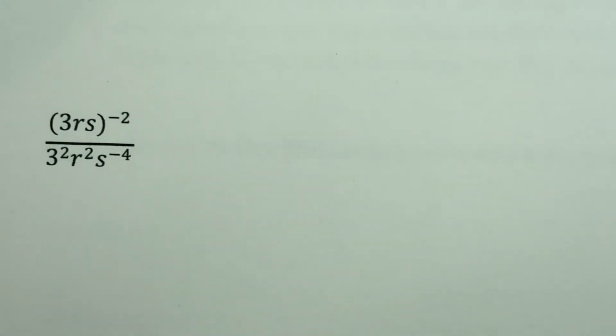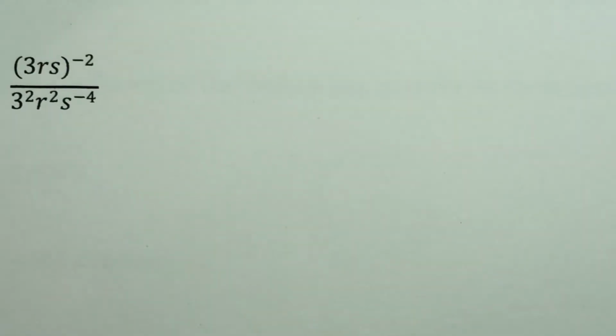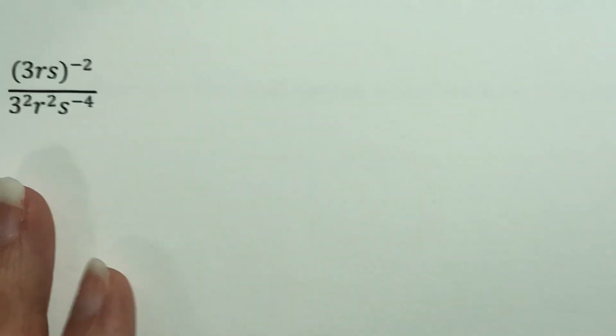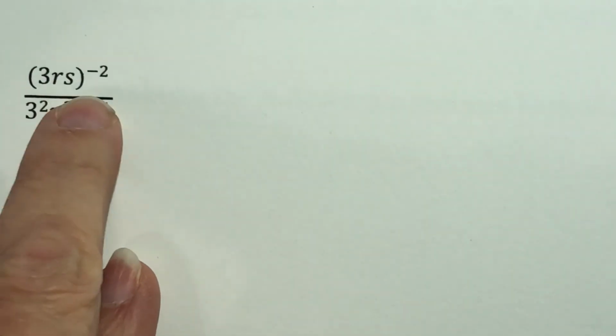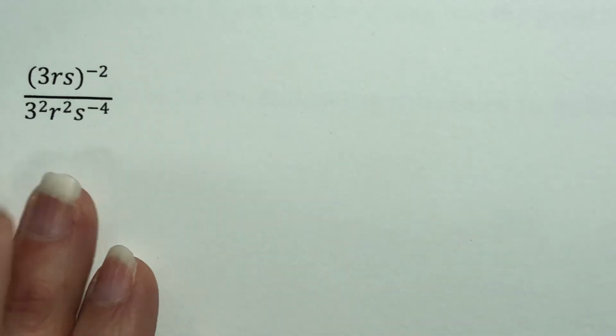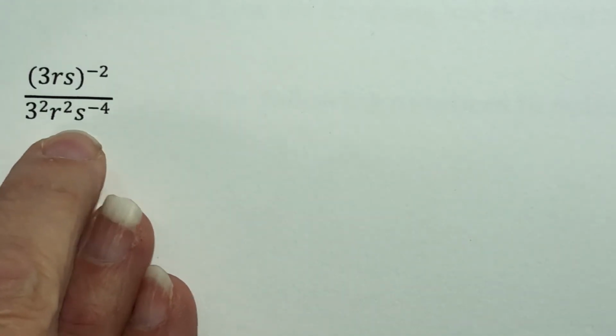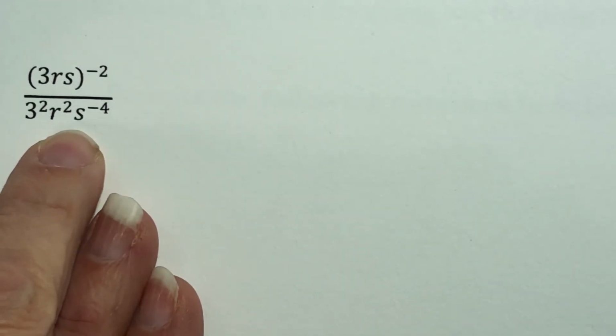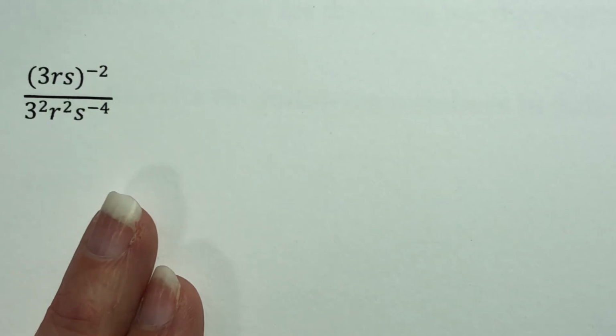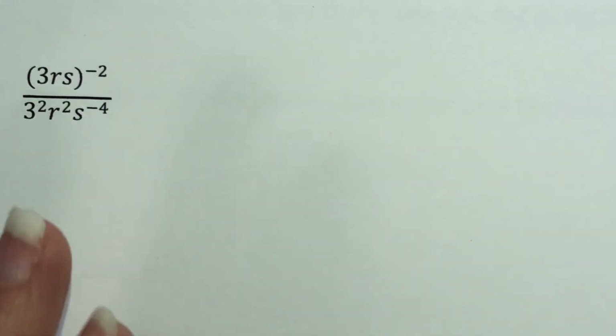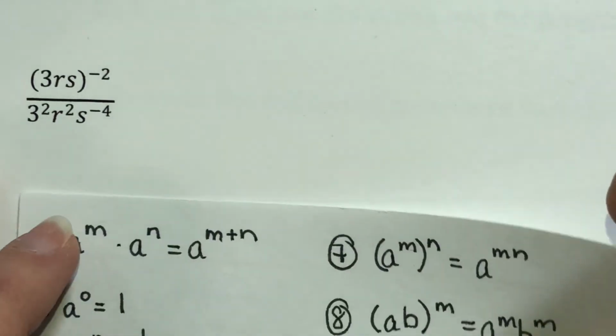All right, so a harder one. There's a lot going on here. I have 3rs to the negative 2, I have 3 squared, r squared, s to the negative 4. A lot of first steps, but the first thing I see is the same as what I saw on the problem above.